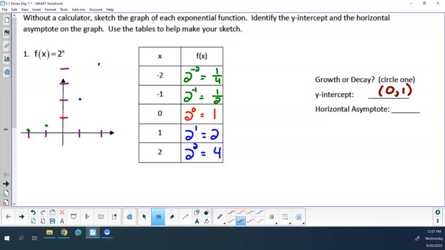I connect those with a nice smooth curve, and I get something that looks like that.